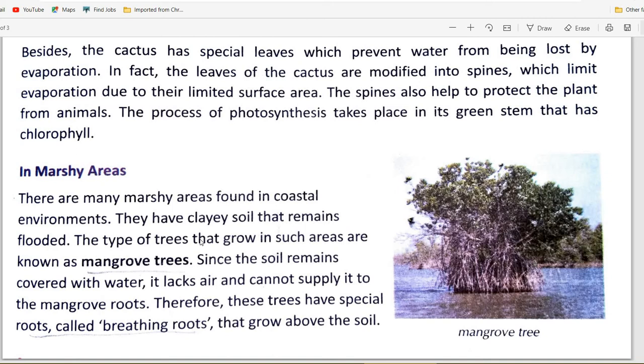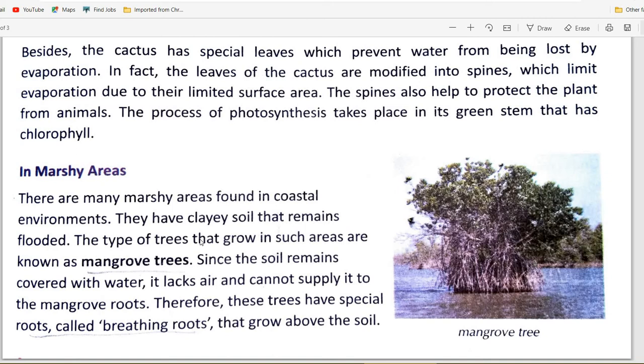Means the trees found in marshy areas, because they grow in clay soil and flooded area, air cannot go inside the roots.